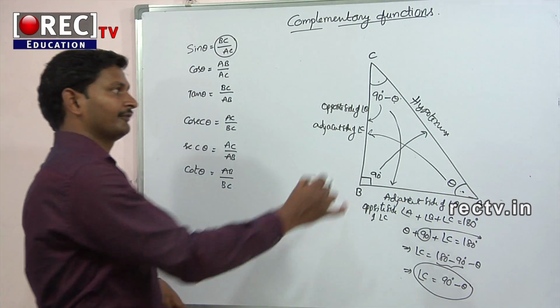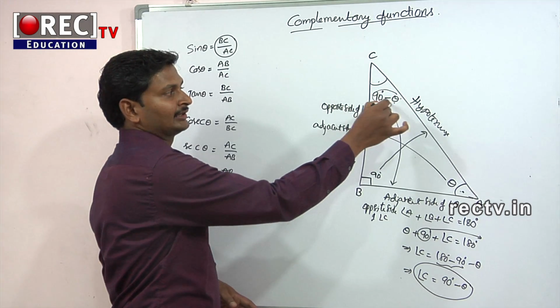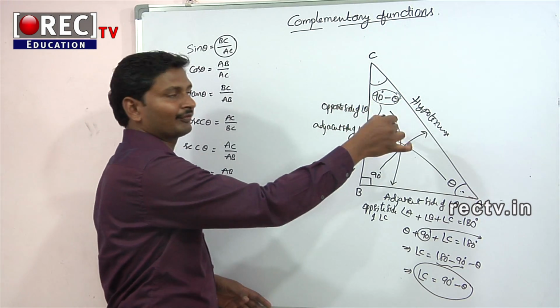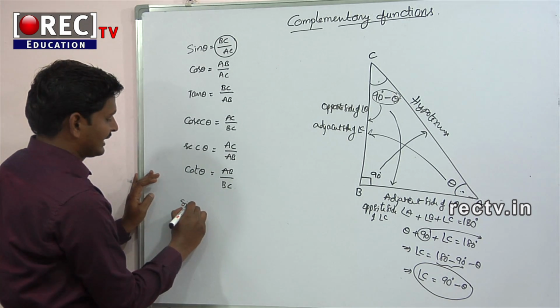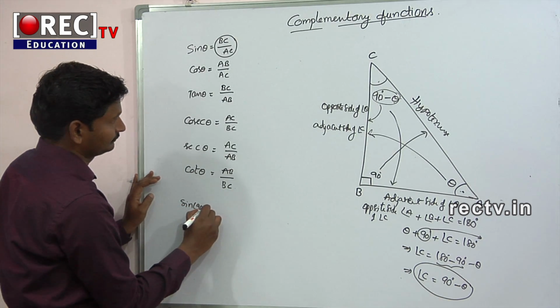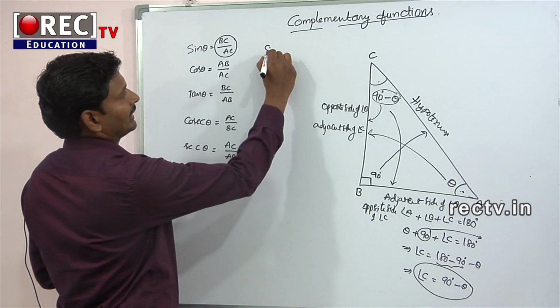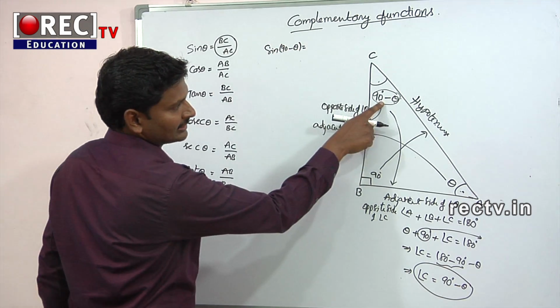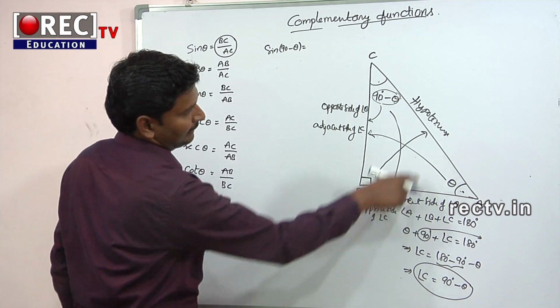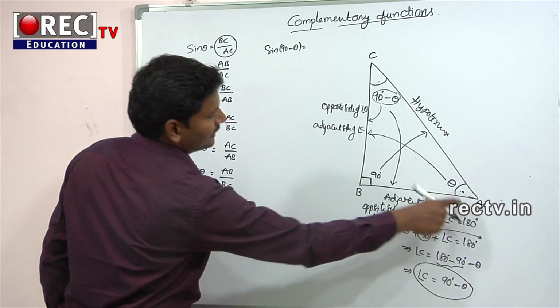Just observe that from the angle 90 degrees minus theta, we have to find all the other trigonometric ratios. So sin 90 minus theta is equal to the opposite side divided by the hypotenuse. What is the opposite side? AB.